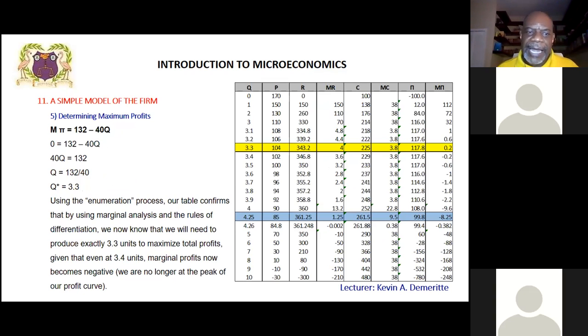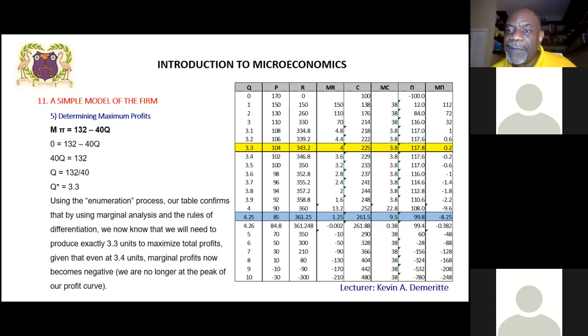Move my negative 40Q over, it becomes positive 40Q. My 132 stays where it is. The 0 goes to the other side, but 0 is 0, so that fades away. And I end up with 40Q equals 132. Q, therefore, is 132 divided by 40, with a Q star of 3.3.